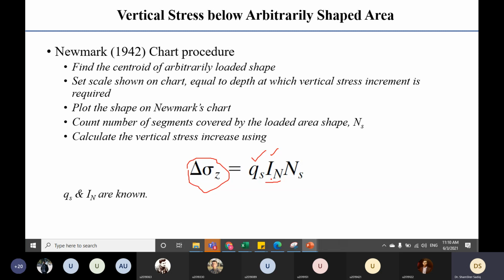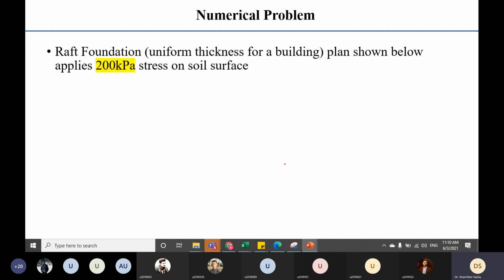So on the graph or chart given to you, this value will be written, 0.005, 0.01 and 0.00001. Now you have to calculate n subscript s, which is the number of segments loaded by your footing or foundation or structure. So let's see how to use this practically.